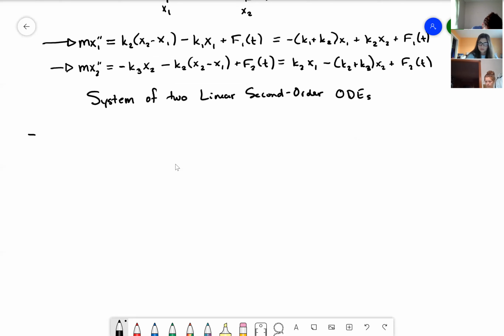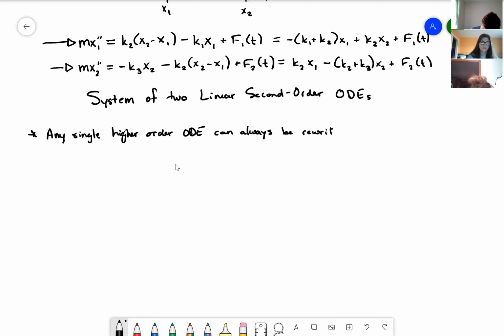Well, let's say any single higher order ODE can always be rewritten as a system of first order ODEs. And I want to underline system, because we're not getting anything for free here.